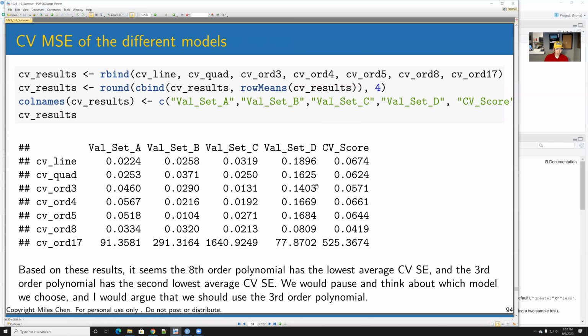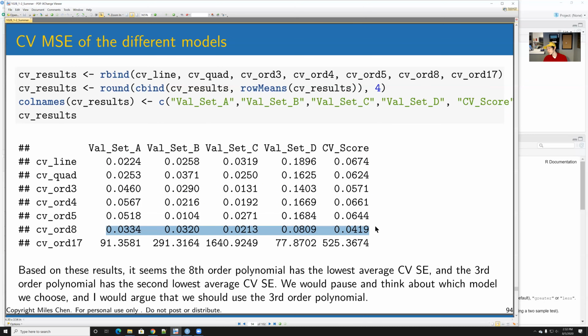And here, based on the average, so if we take the average of each of these cross-validation scores, okay, if I average these numbers, we're going to get 0.0674. If I take the average of this, I get this, and we would pick this number here, okay?